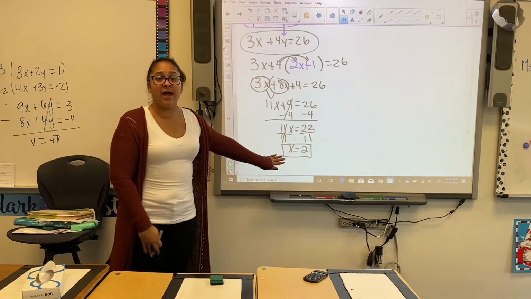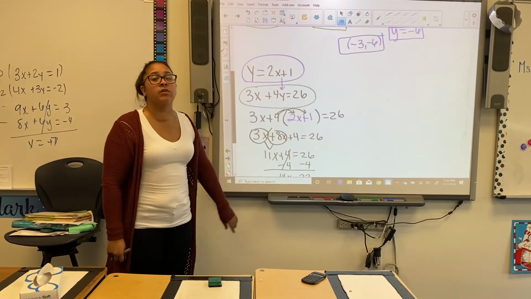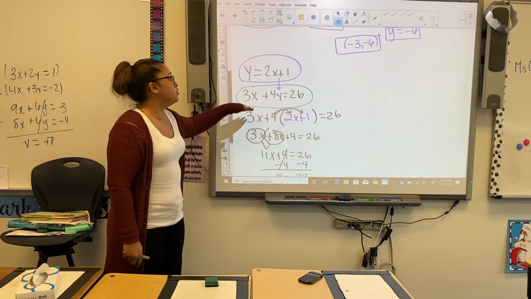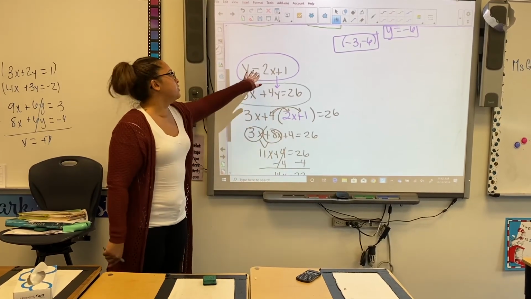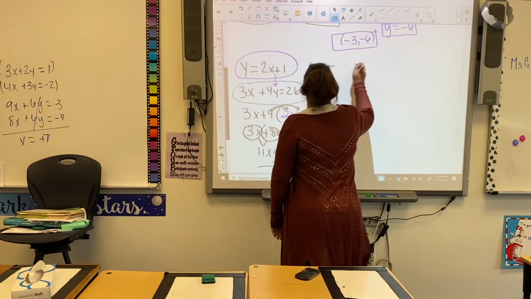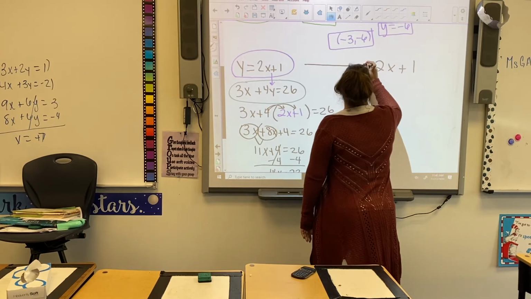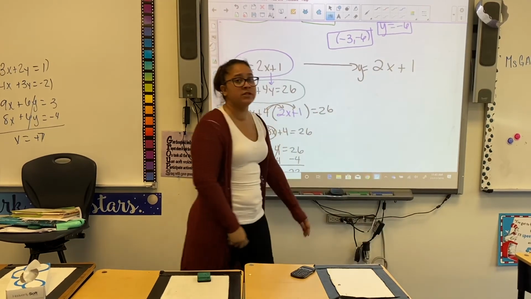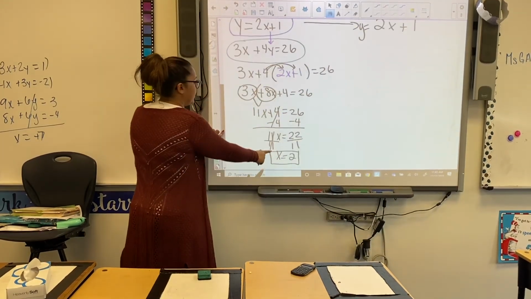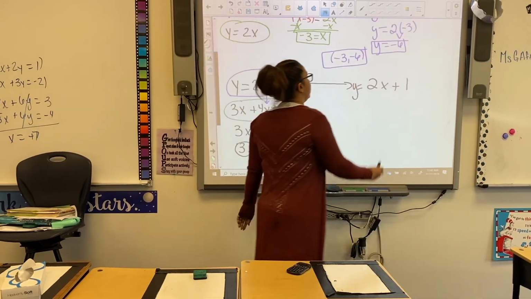Now that we have our x, we're just going to go back to one of the original equations and plug it in, right? I can do it to either one. I'm going to plug it into the first one because the first one looks much easier, right? We have y equals 2x plus 1. We know that our x is positive 2, right?